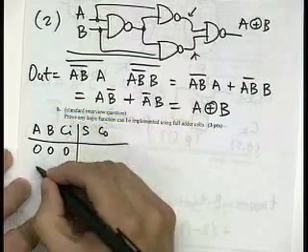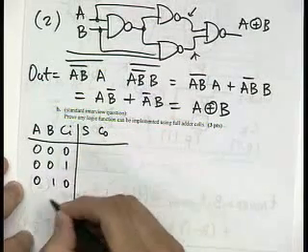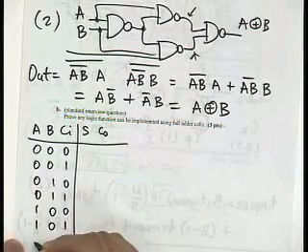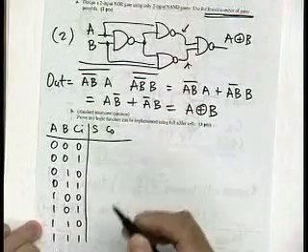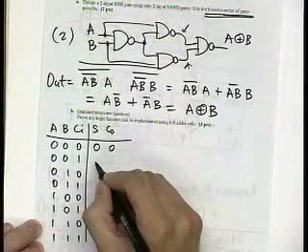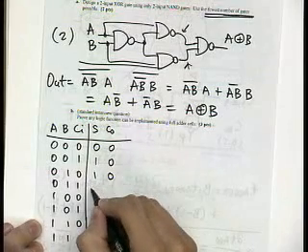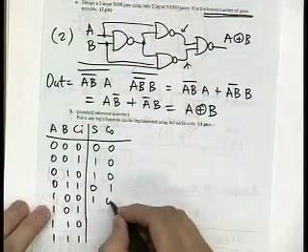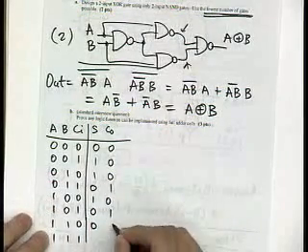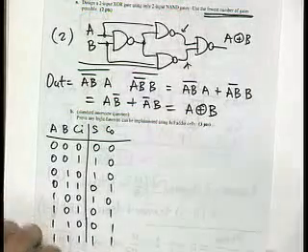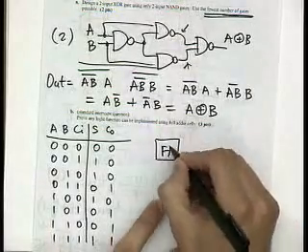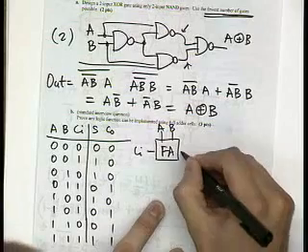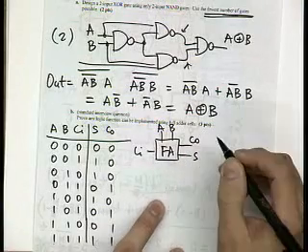So we have 0, 0, 0, 0, 0, 1, 0, 1, 0, 0, 1, 1, 1, 0, 0, 0, 1, 1, 1, 0, 1, 1, 1, and so on. And so this is our full adder. It has inputs A and B, and it has carry in and carry out and sum.